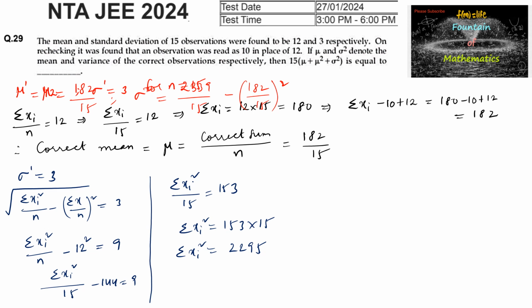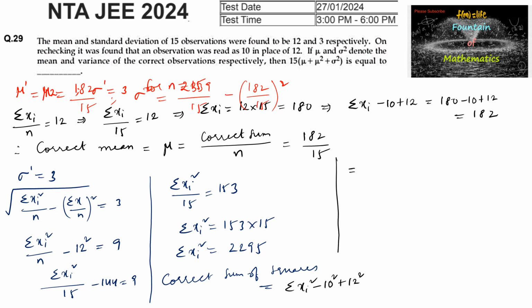And now to find the correct standard deviation, let us remove 10 square and add 12 square. So the correct sum of squares is equal to our old summation xi square, from which we have to subtract 10 square and add 12 square.